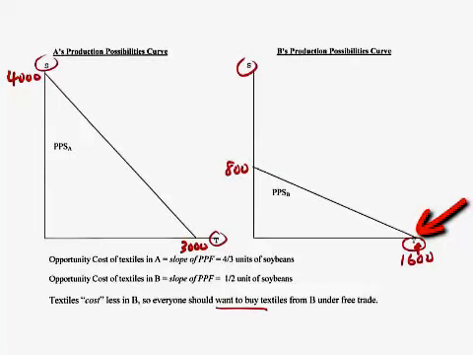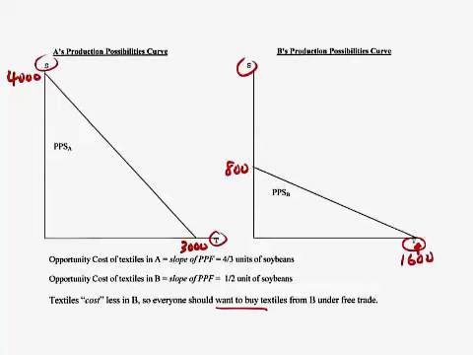So we're going to say that because country B is small and it cannot meet the demand in country A and the demand in country B, what's going to happen is that country B will specialize in producing textiles and country A would remain diversified. It's going to produce some textiles and mainly soybean.